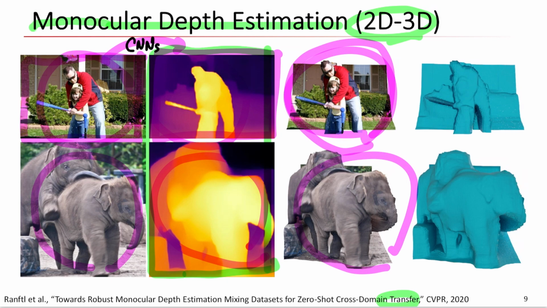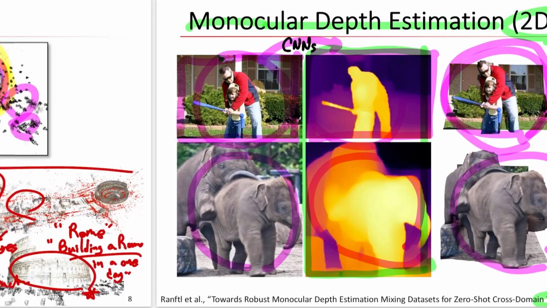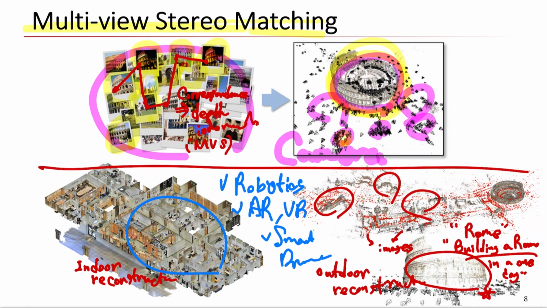So this is a very interesting paper because, compared to the previous ones, it uses only a single image, and we already have so many single images, right? It means that by using this technique, we can reconstruct 3D information from every single image we have. This is a very interesting future direction, but the quality of the depth estimation is not so great compared to multi-view stereo matching.